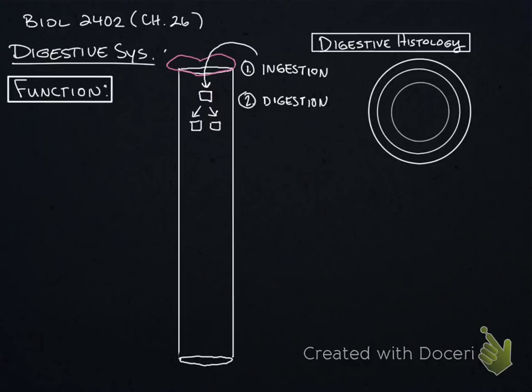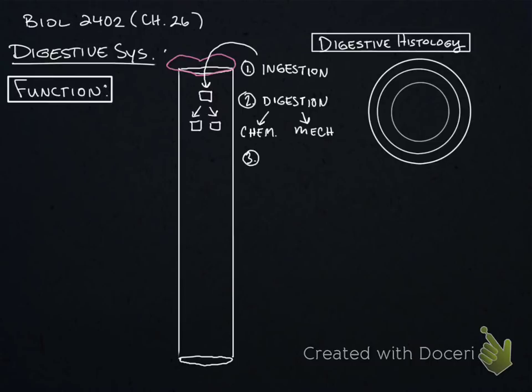There's chemical digestion by enzymes, and then there's mechanical digestion. So in the mouth, that is from the muscles of the tongue and also the teeth that are actually breaking down the food.